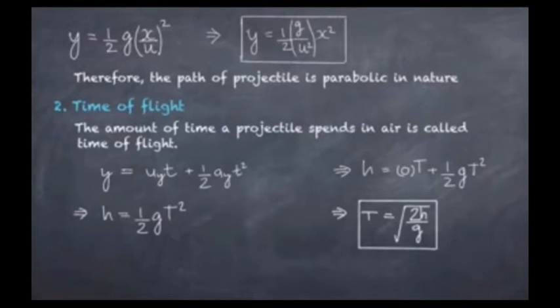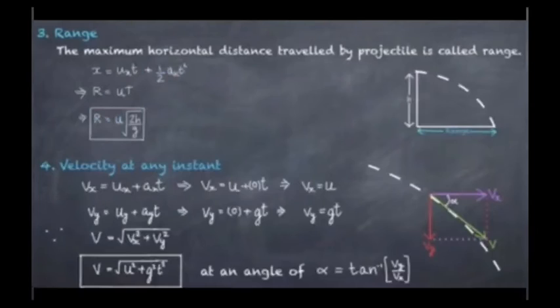Then h is equal to half g t squared. Now we find the time of flight T of f, which is equal to root of 2h by g. So the time of flight T is equal to root of 2h by g.